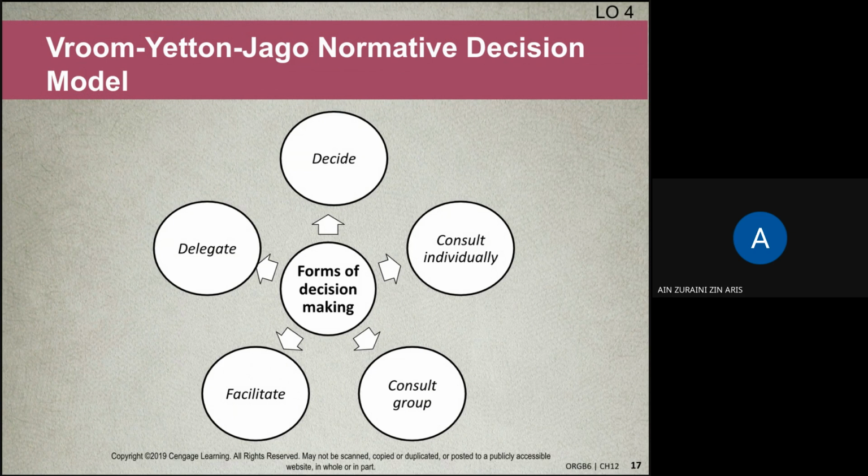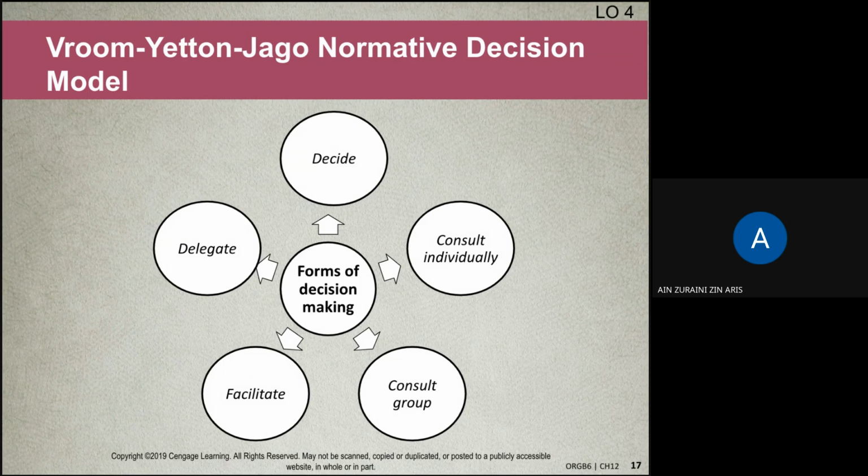Autocratic type 1 is when the leader makes the decision alone using available information. So there's no input from the team members, and it is useful for simple decisions or emergencies. For example, a factory manager decides to shut down a faulty machine immediately because of safety reasons.